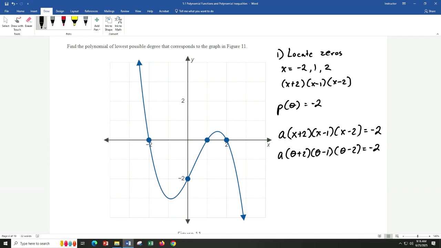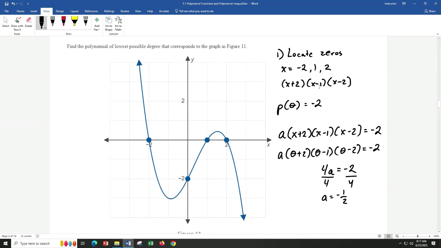okay, that's going to give us a 4. You can work that out in a calculator, right? So notice that actually gives us 4a is equal to -2. Can I solve for a now? Divide off the 4, and I get a is equal to -1/2. And there is your leading coefficient for this whole thing.